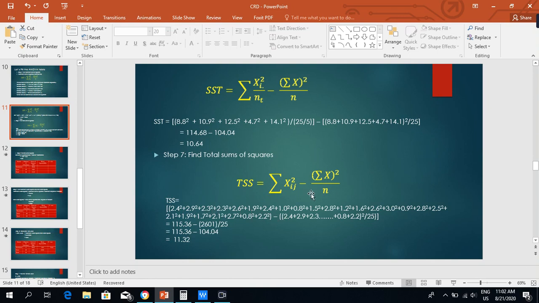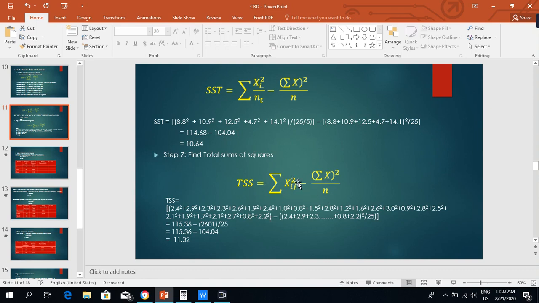For this part of the equation we can use our previously calculated value, that means 104.04. Okay, we previously calculated the value for this part.